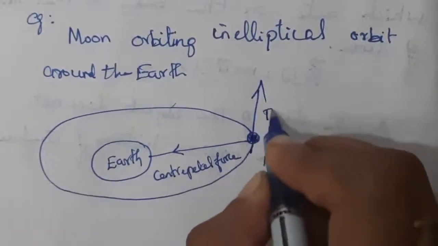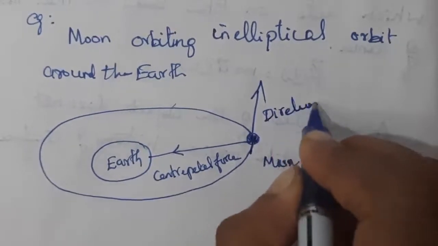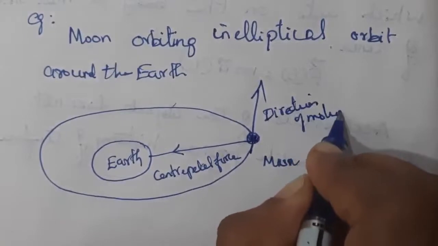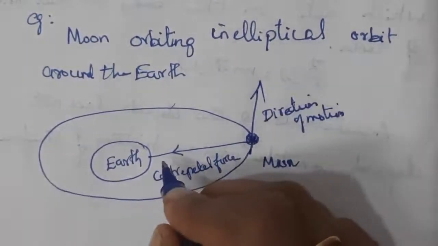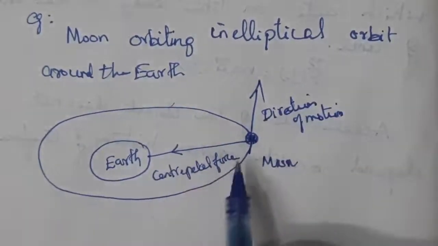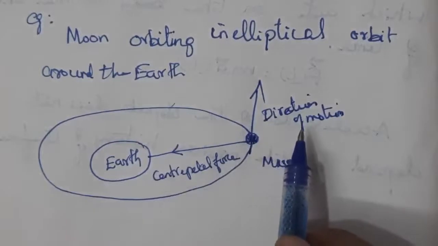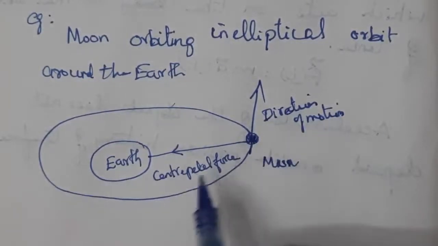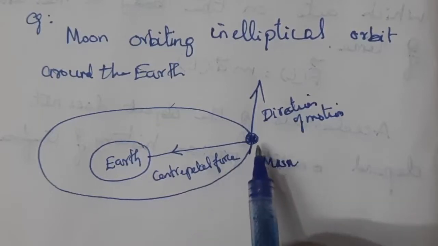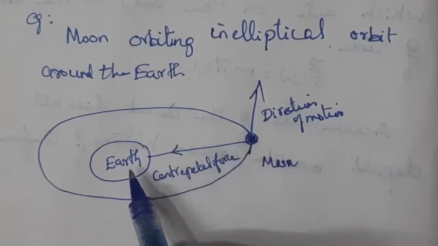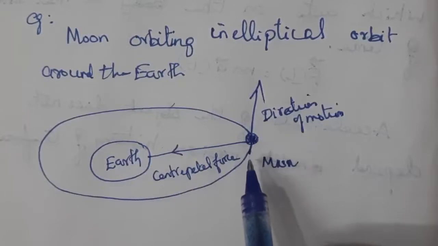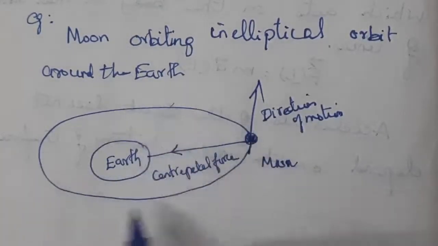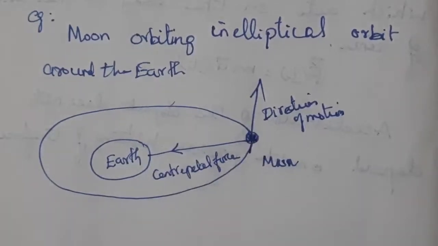So this is the direction of motion and this is the direction of the force. Here force and motion are not in the same direction. Force is acting towards the center, and the direction of motion of the moon is along the tangent in this elliptical orbit.